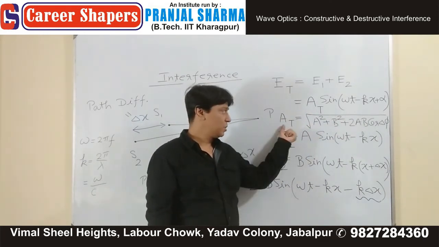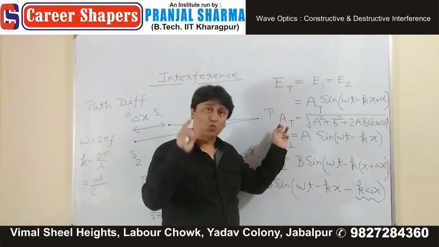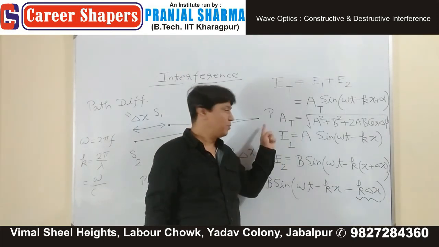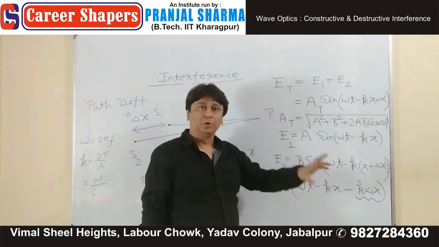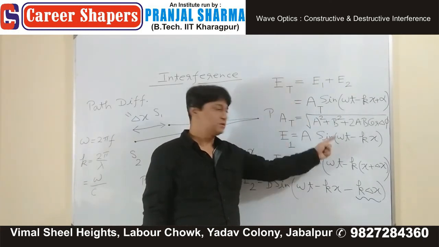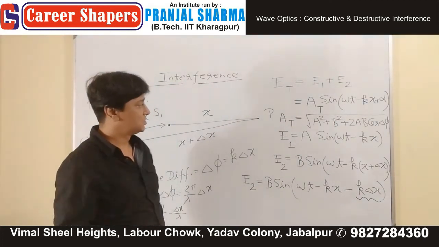So this is your total amplitude. Total amplitude means what in this case? Maximum electric field at point P due to the superimposed wave. Note down this and then we'll write a few points.